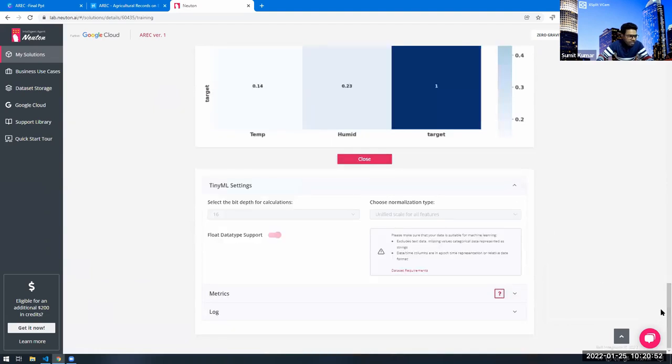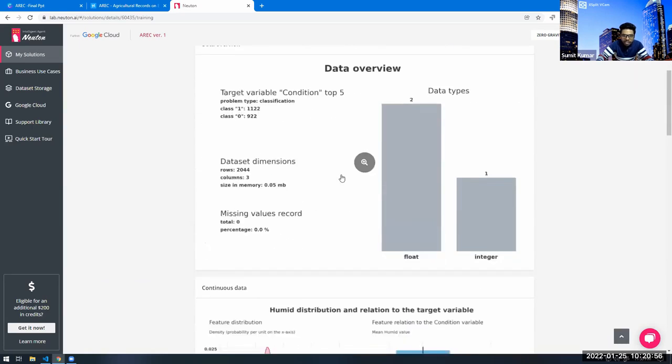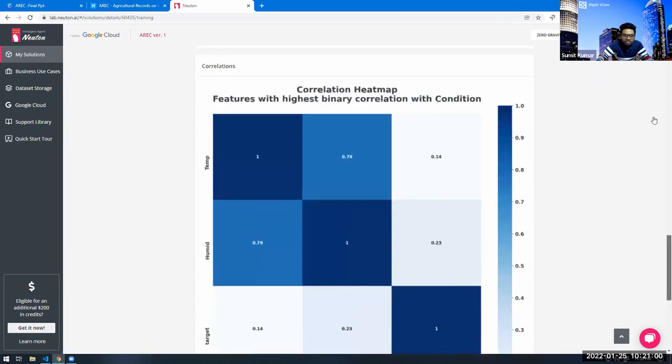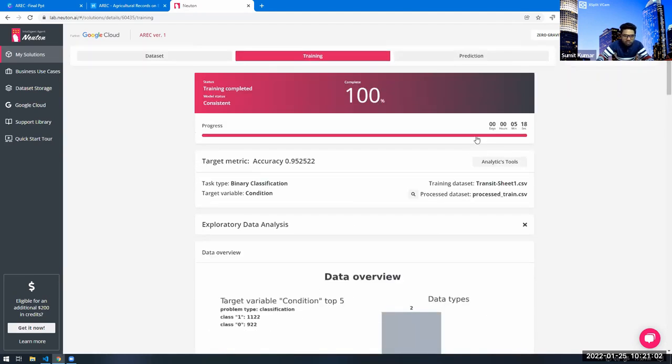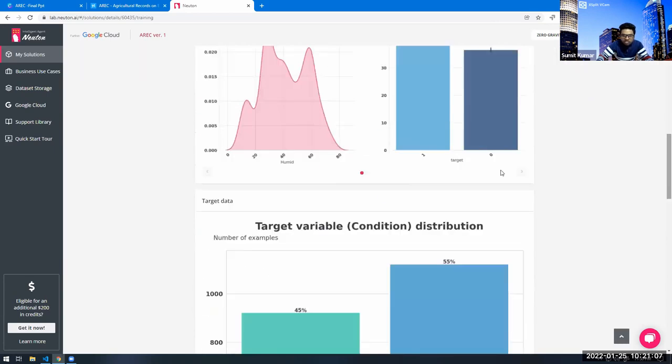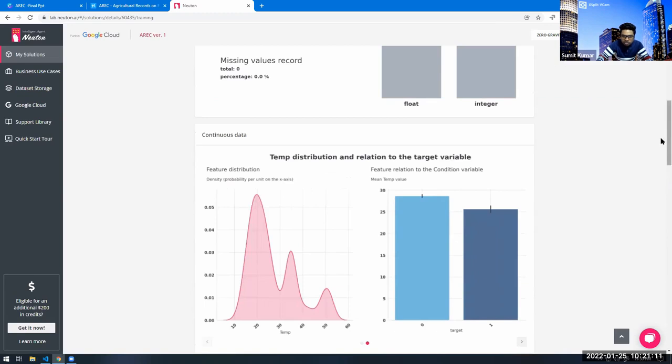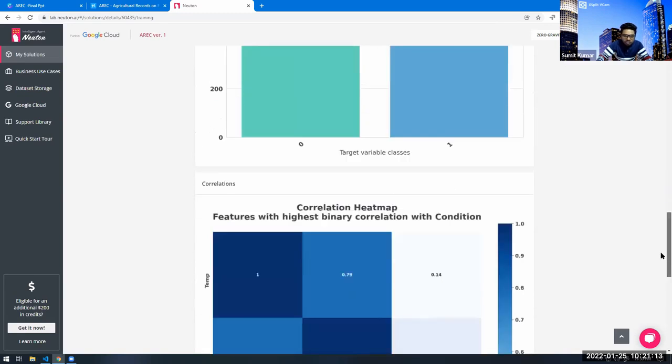And it all depends upon the data type. If your data set is something different, you might get more graphs and feature metrics. So it is all dependent upon the data set. My data set was very clear and it was a binary classification. So it resulted in the variable distribution and the heat map.